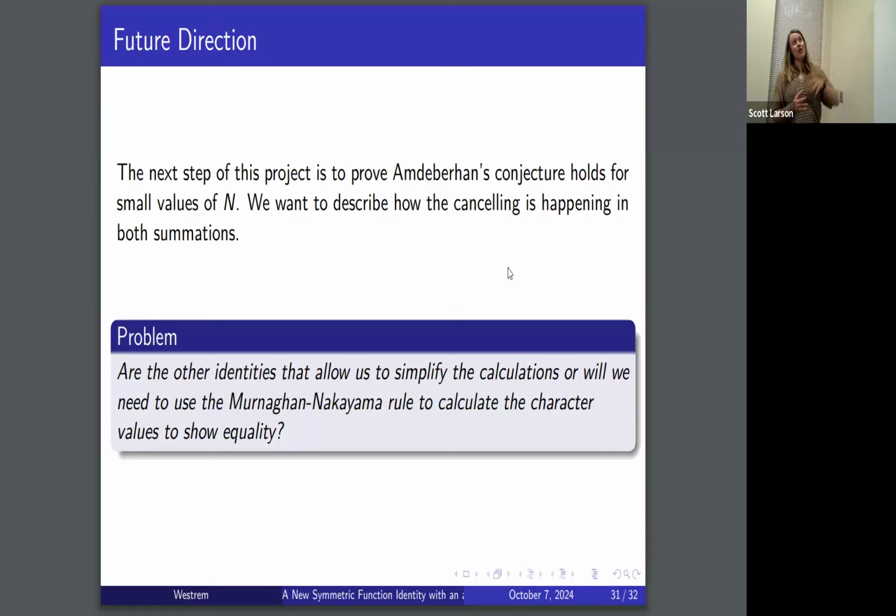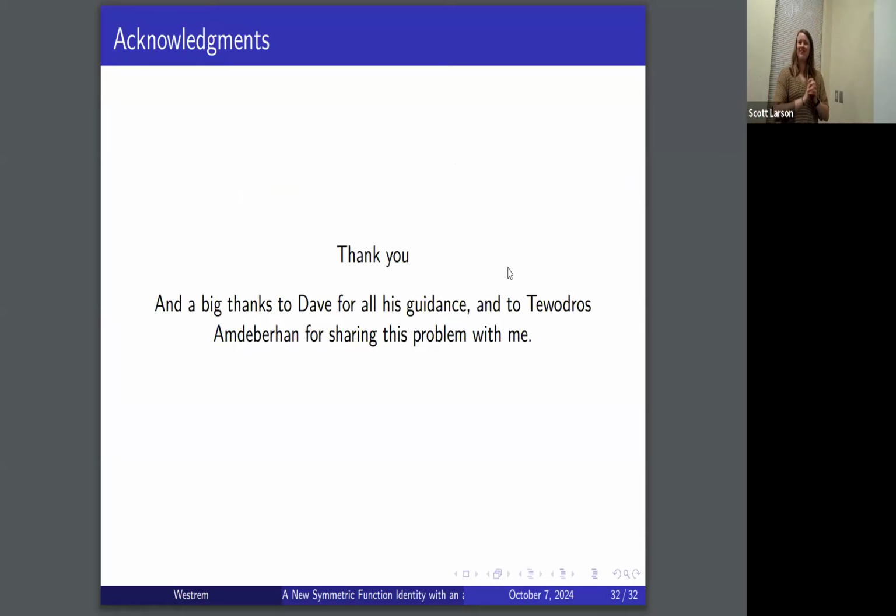So that's currently what I'm working on now, is those small values. Is there a way we can show that for small examples? But other things we've thought about: are there any other identities in terms of symmetric functions that we haven't thought about? Do we have to go back to the Murnaghan-Nakayama rule to calculate these characters to show some type of equality for these sums of characters here? And with that, I will say thank you.